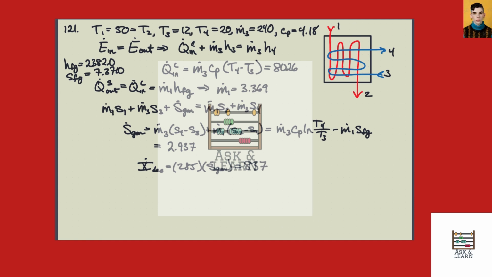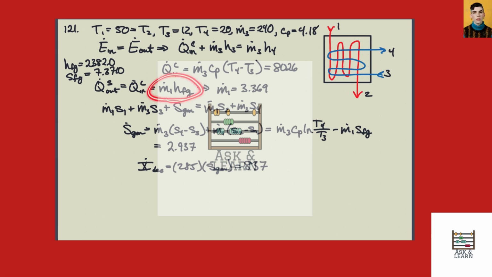Okay, so now let's take a look at the steam that's being condensed. We know that the heat going into the lake water is actually the heat going out of the steam. And because it's being condensed, we're assuming that it's going from a saturated vapor to a saturated liquid.